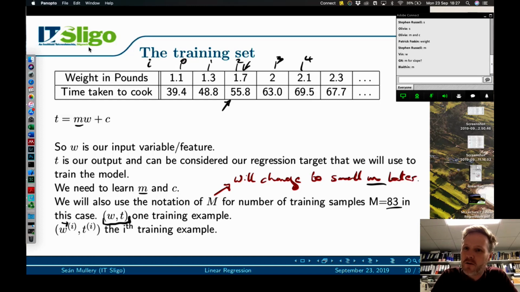That's just a way of indexing it. Now you might say, why not put the index down here? The reason is that normally the indexing down there is for something else, and we're going to come across that later. It's so that we can try and not get mixed up in the different things. So one training example would normally have a particular value there and a particular value here.